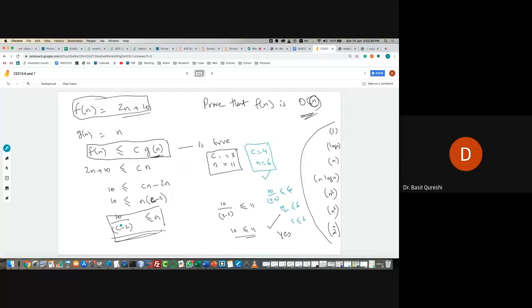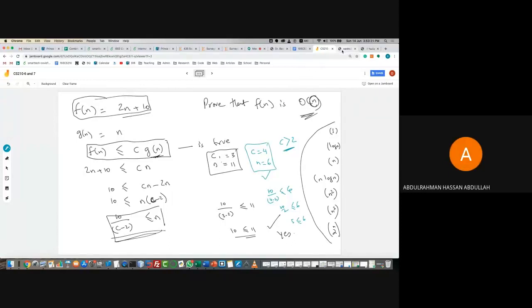What if c is 2? Would that work? No, it would be 10 over 0, and 10 over 0 is infinity, which is wrong. So it works with c bigger than 2, and for some value of n. But this has to be true. Again, it cannot be negative because we're talking about time. Time cannot be negative, so you should not have a negative value.